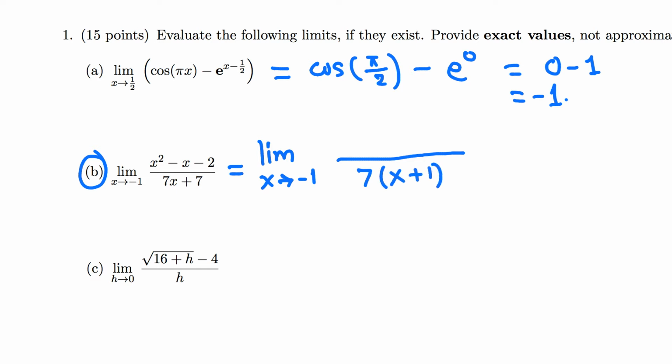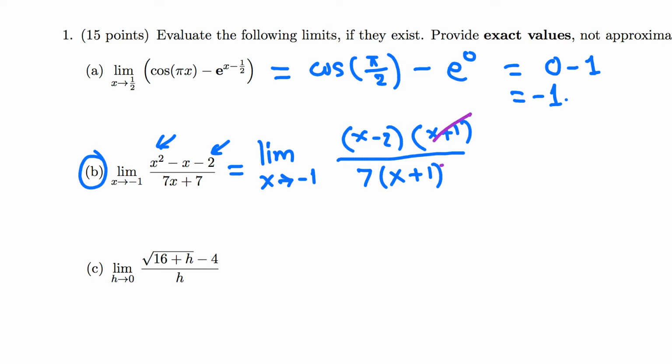On the top, this is a trinomial, so if it factors, it's a product of two binomials. x squared means x times x, and 2 means 2 times 1. To get negative in the middle, negative goes to the bigger, plus to the smaller, and obviously we have to have x plus 1.